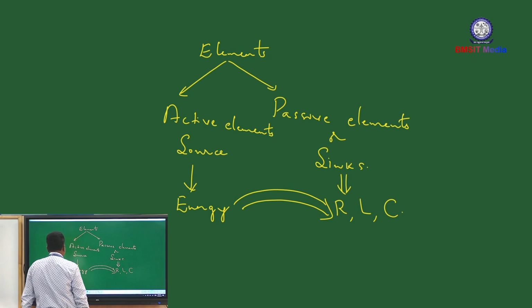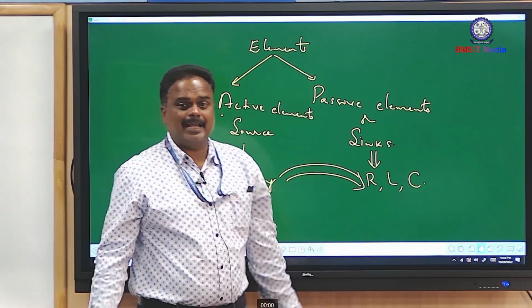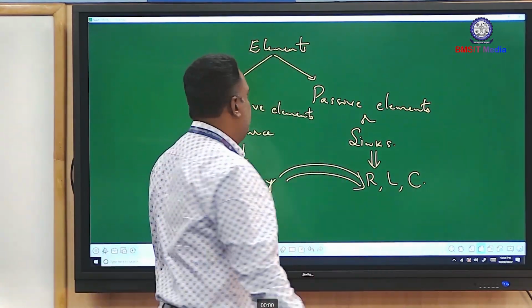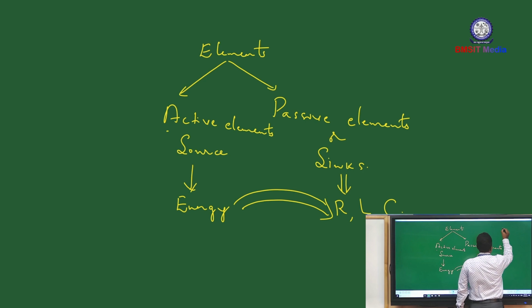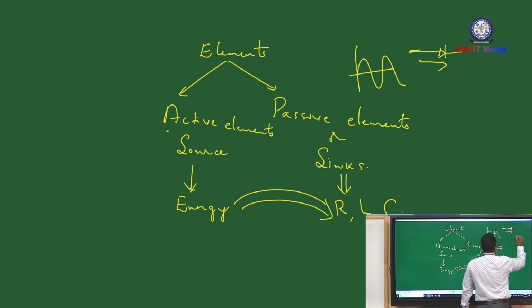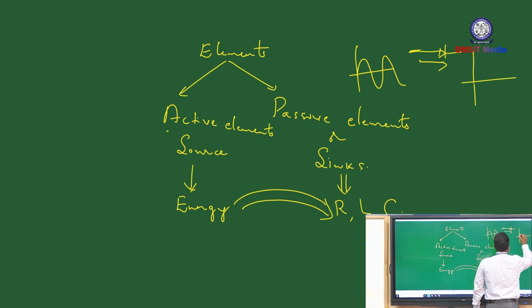One more definition: active elements are the elements which change the characteristics of the signal. For example, a diode is an example of an active element. If you pass a signal, the signal will be rectified like this. The characteristic of the signal is changed.